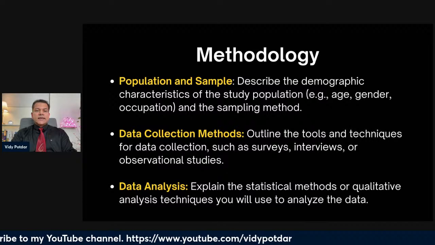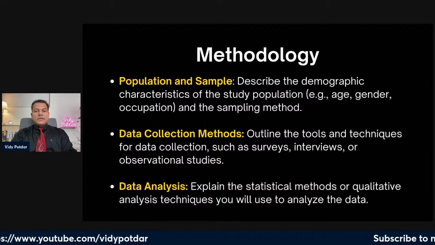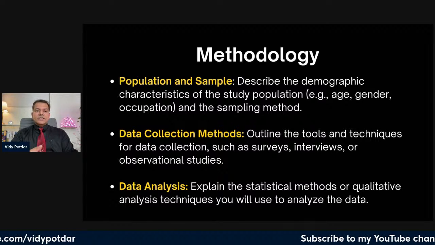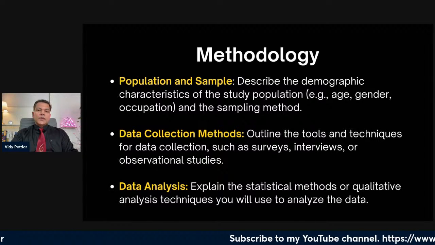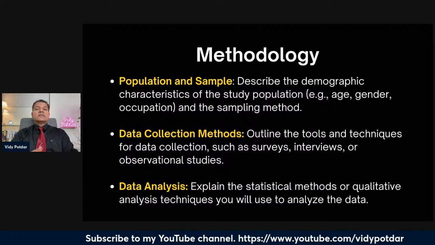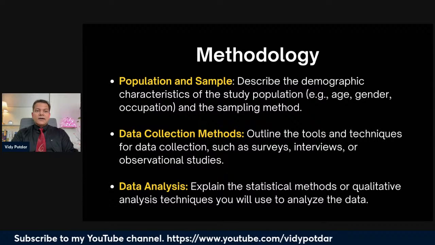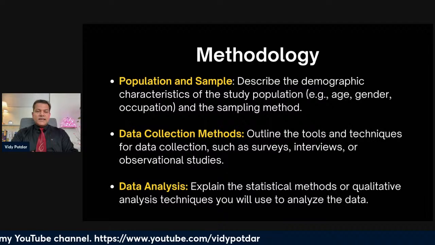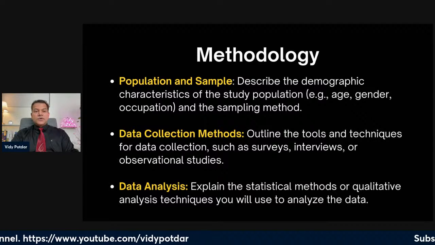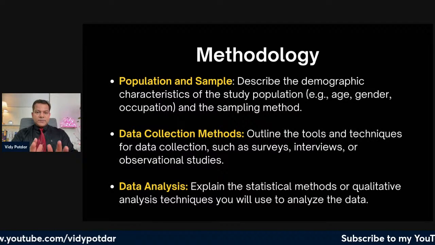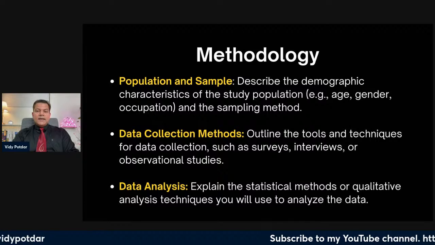In this case, you need to describe the demographic characteristics of the population. For example, what is the age of the people that you are going to involve in your research? Is it gender specific, or is there a specific occupation that they should have, and so on. So explaining this sampling is important when you're mentioning the methodology.